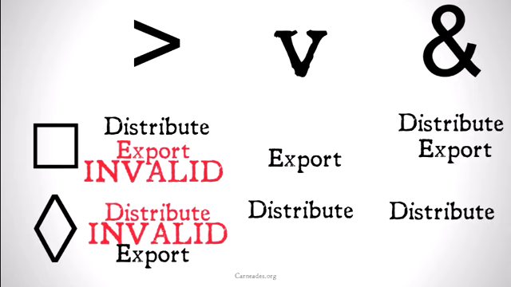What about distributing possibility across implication? So we're saying it's possible that P implies Q, implies that it's possible that P implies that it's possible that Q. So let's say that one possible world, call it world A, has it true that P implies Q. And then some other possible world B has it true that P is the case.